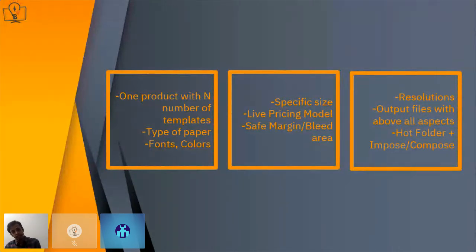After moving to the designer tool, they can choose the fonts and colors, and set up the resolution as well. After placing the order, the final print ready file would be generated with the specific imposition and composition of aspects.